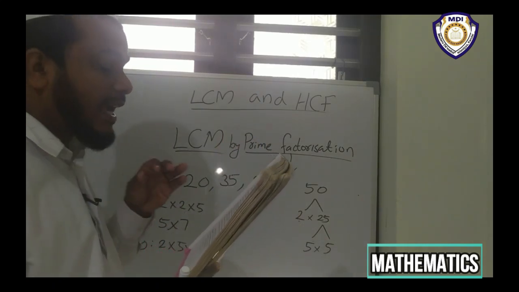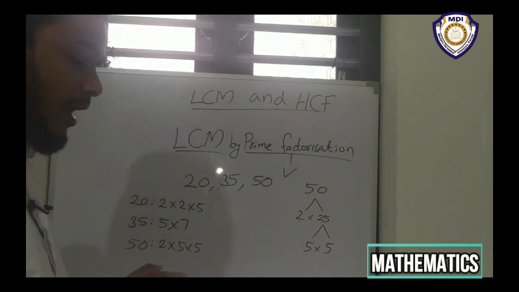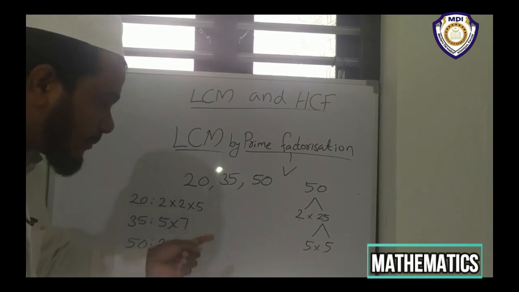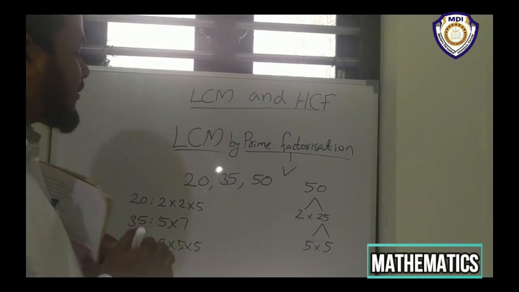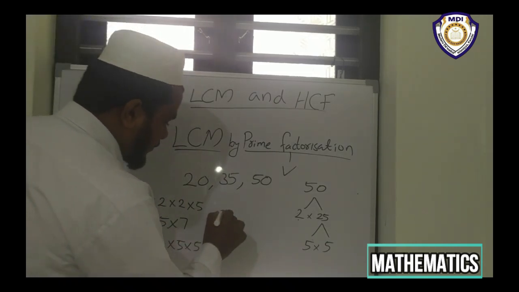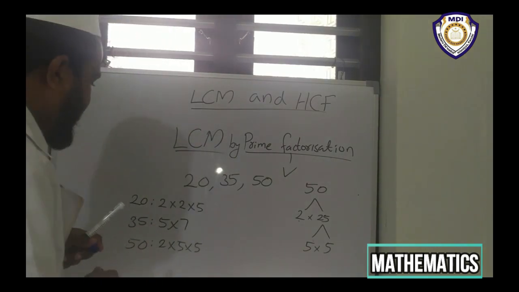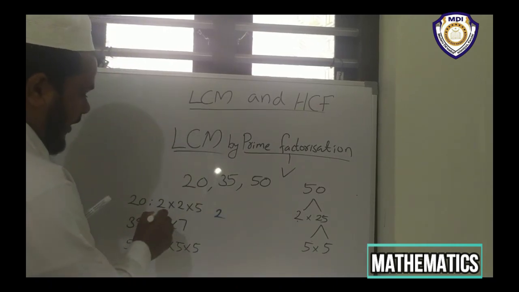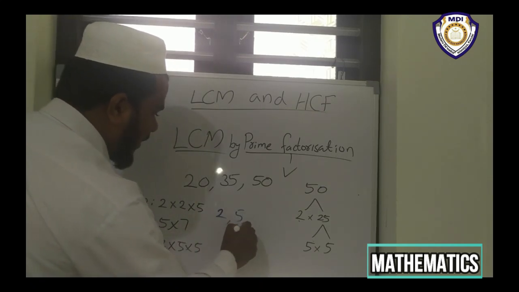Second step, find out the maximum number of times a prime factor appeared. Here, how many prime factors are there? Let us take 2, then 5, then 7.